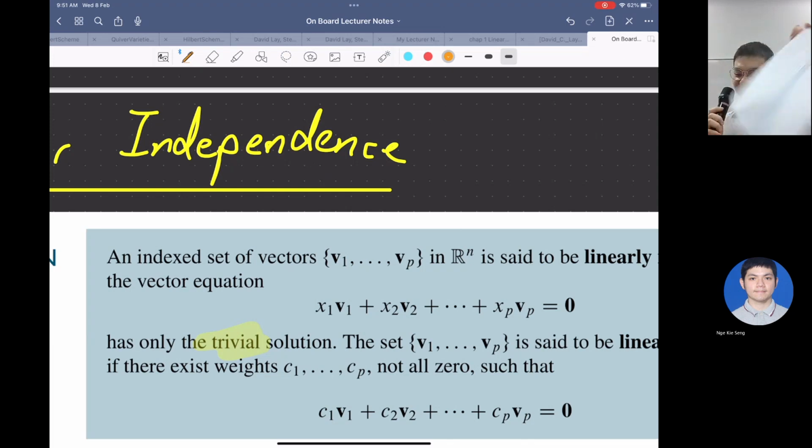So what does linear independence mean to you? If you cannot answer, you can ask me one question. I think it's quicker. Or maybe you know the answer, you can tell me.